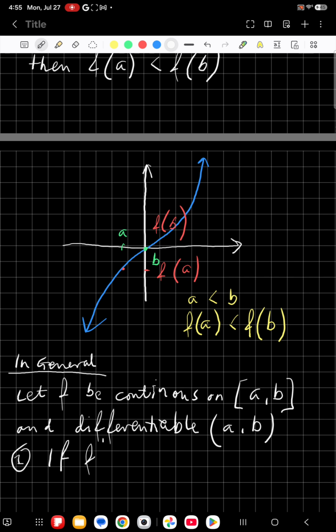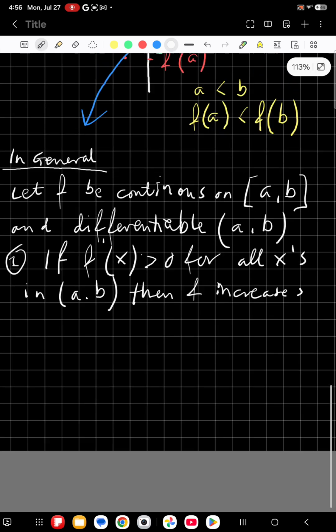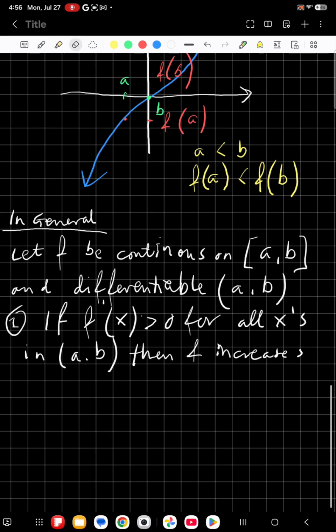Then, one: if f prime of x is greater than 0 for all x's in that interval, then f increases on that interval.